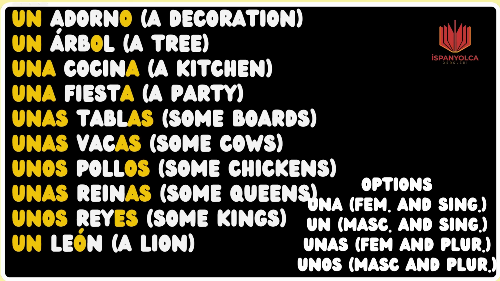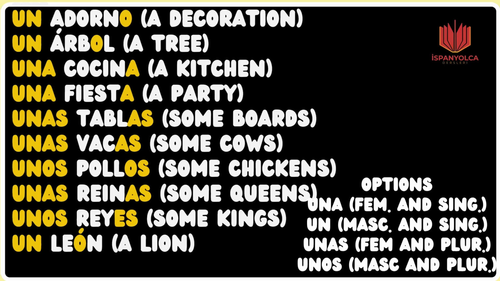Unos pollos. Pollos is masculine and plural because it ends with an O and an S. That's why it is unos pollos. Unas reinas. Reinas is feminine and plural because it ends with an A and an S. That's why we have to use unas.